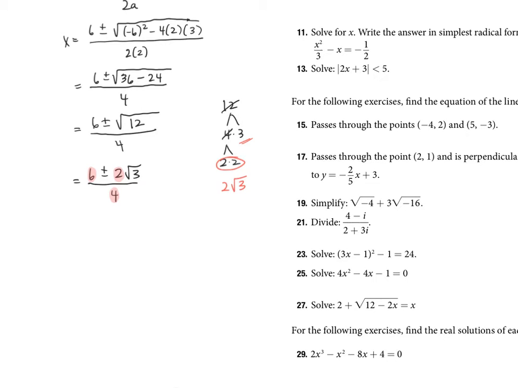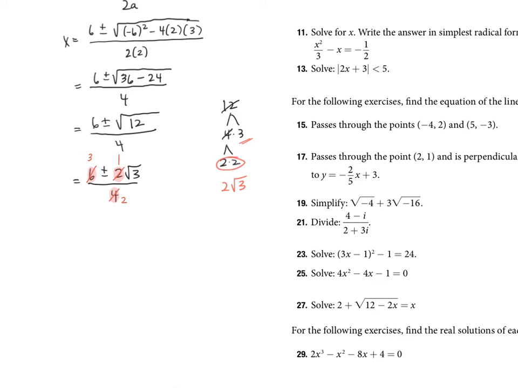So you're going to divide 2 out of all of those pieces. 4 divided by 2 is 2, 6 divided by 2 is 3, and 2 divided by 2 is 1. You can only reduce if you have a common factor on all of the terms. In the previous spot, we had the 6 and the 4, but we did not have a number to reduce with the radical, so that's why we couldn't reduce at that point.